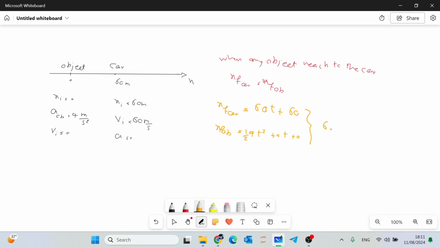It means that, with tc being when the object overtakes the car, 60 times tc plus 60 equals 2 times tc squared. Then it becomes tc squared minus 30 times tc minus 30 equals 0. Then you will obtain the final answer, around 31 seconds after they start to move.